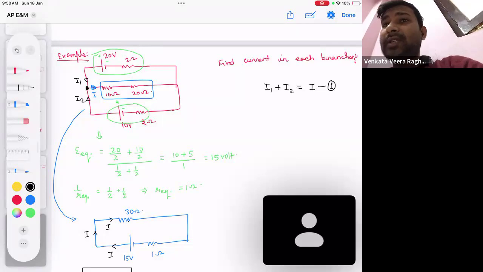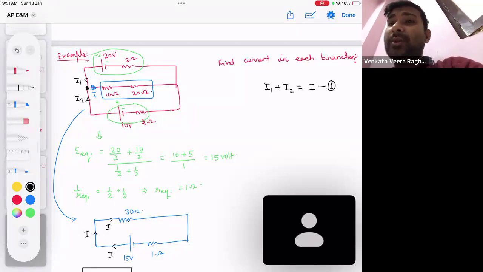So what will I do? Will I write one more equation? Because how many unknowns do we have in the question? We have two unknowns, I1 and I2. I is known in the question, hai na?